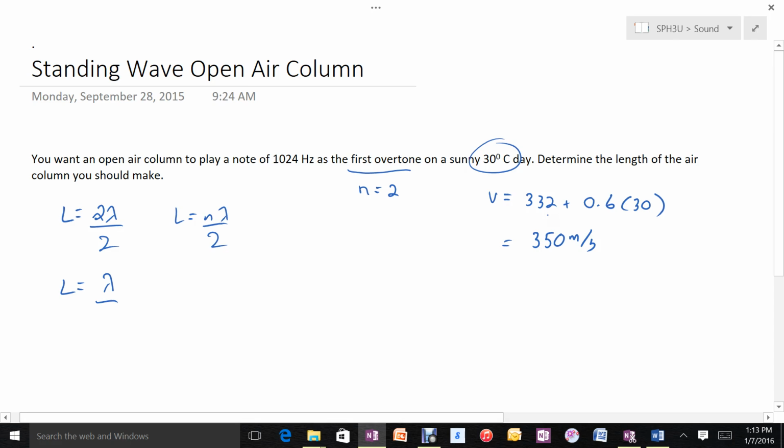Speed of sound is 350. The note I want is 1024. So I can use my universal wave equation to figure out what wavelength would be associated with that frequency.